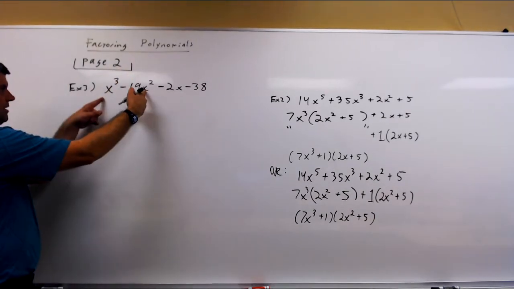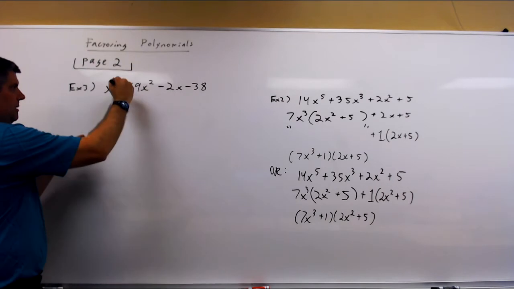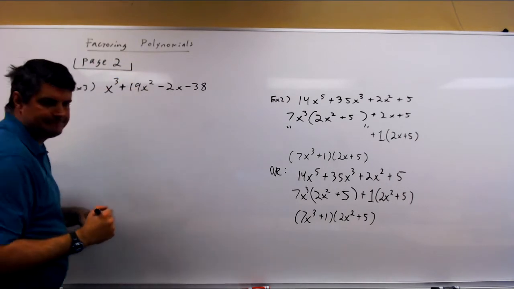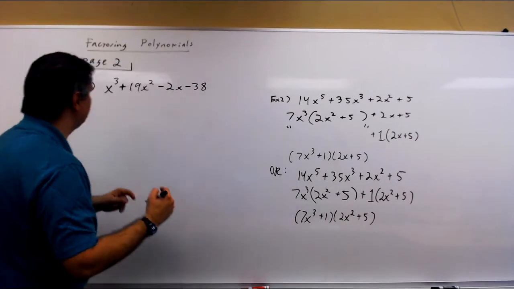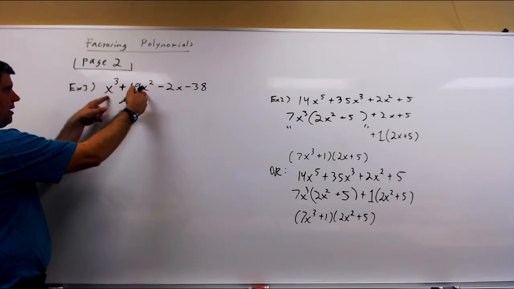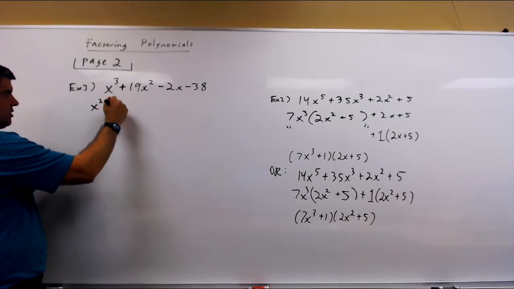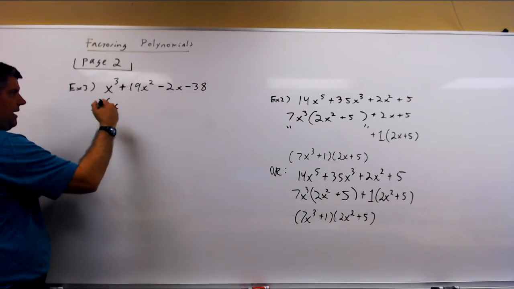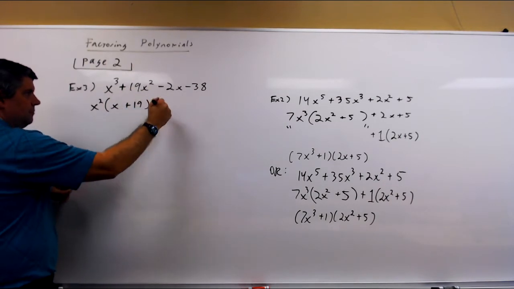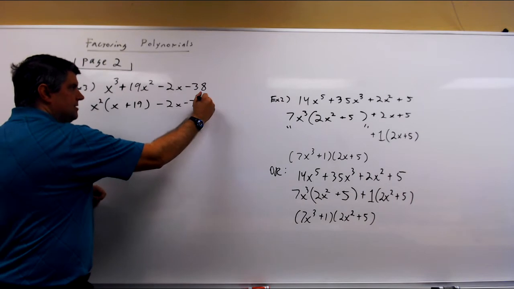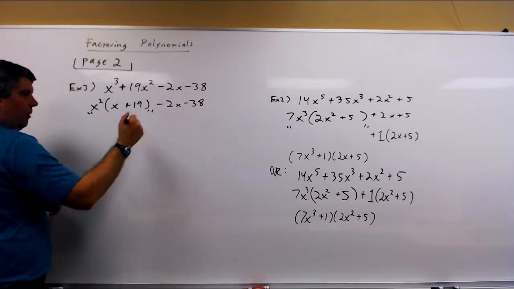Actually, I'm sorry, this should be plus. Pardon me. All right, so these two have an x squared in them. x cubed divided by x squared is x. 19x squared divided by x squared is 19. If I'm doing the basic method, I'm ignoring those two for now.